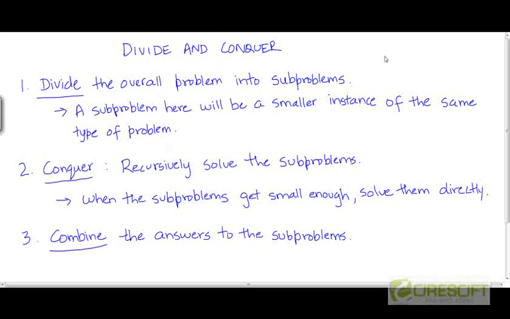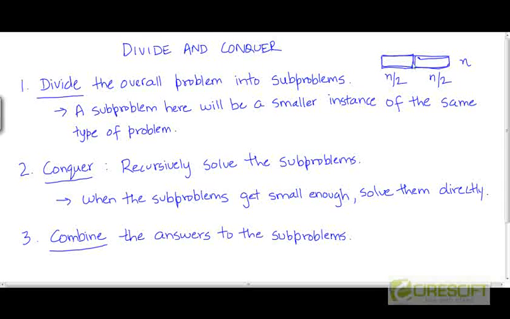For example, if the overall problem is of sorting an array of size n, then the two subproblems that we created for solving the overall sorting problem in the merge sort algorithm was to sort an array of size n by 2. So there were two subproblems created from the original problem. And the subproblem was just a smaller instance of the same type of problem. So it was just a smaller instance of the larger sorting problem.